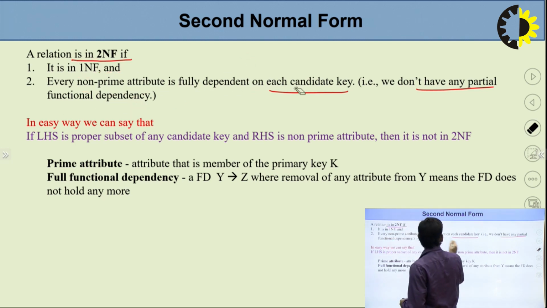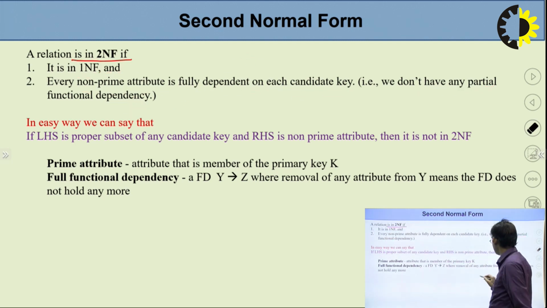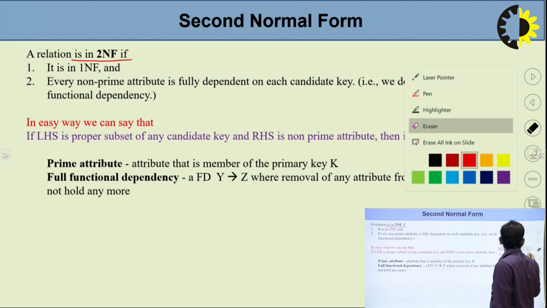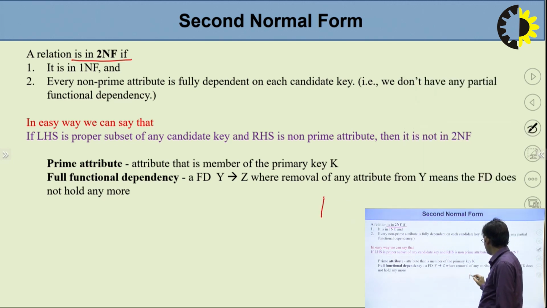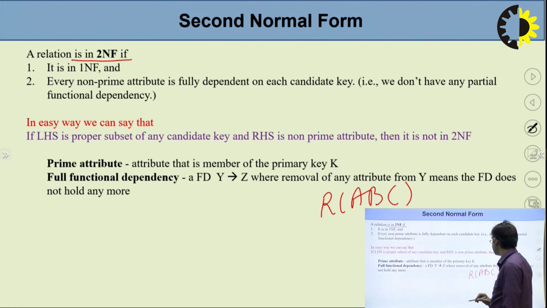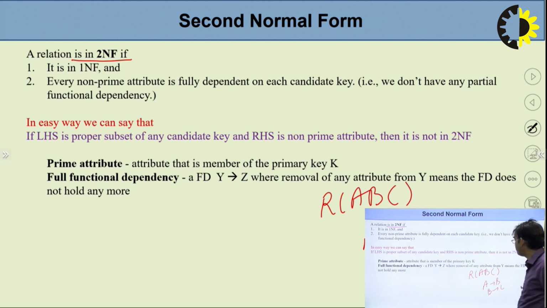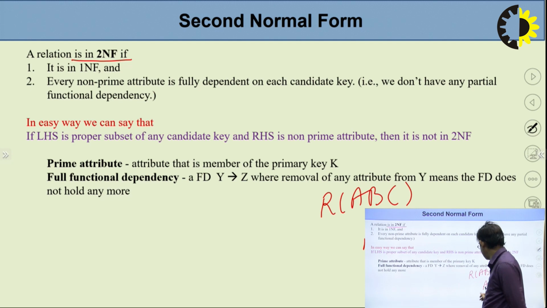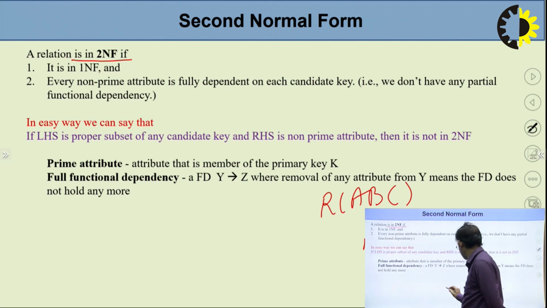Let's suppose we have a relation R, A, B, C, and there are some functional dependencies: A tends to B and B tends to C. Now we have to find out all the candidate keys. What will be the candidate key? Here the candidate key will be A. A will be the candidate key.